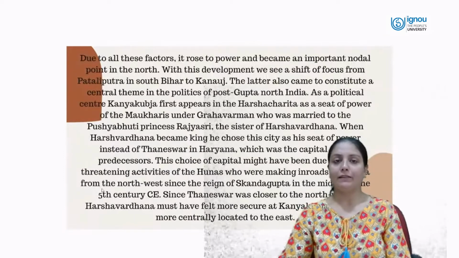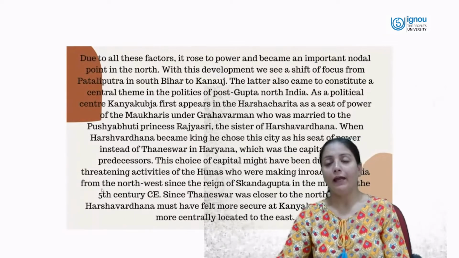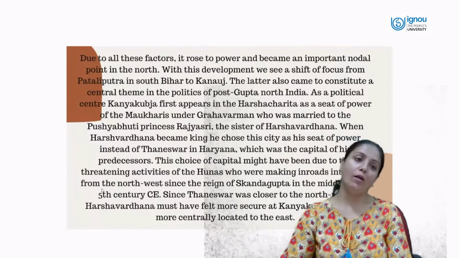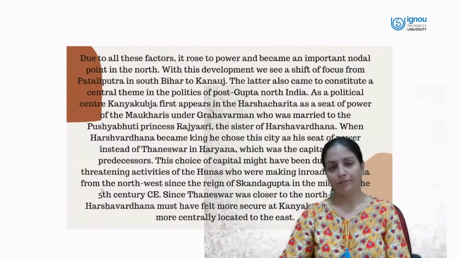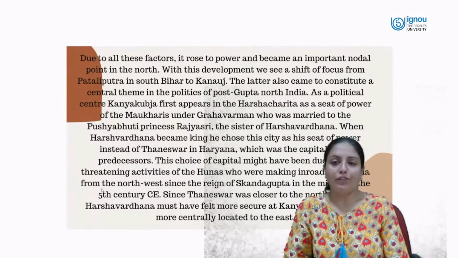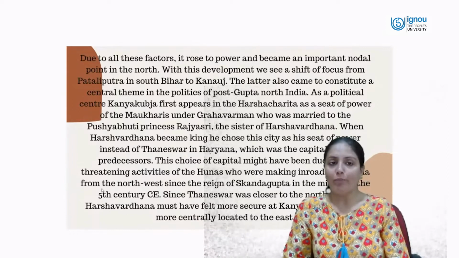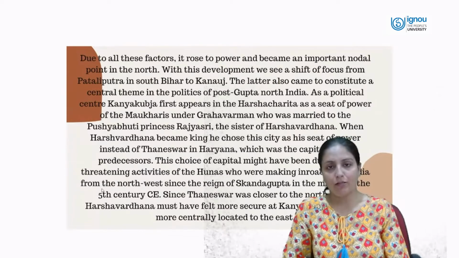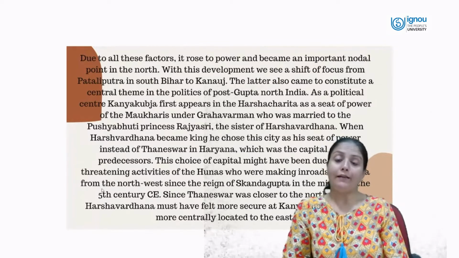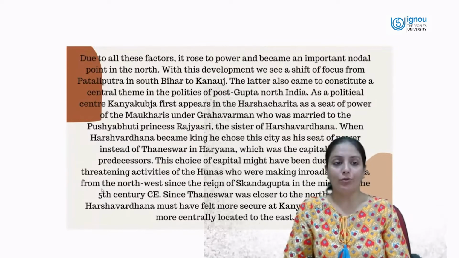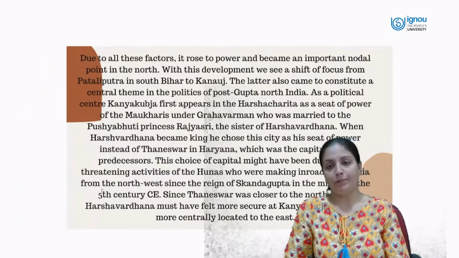Due to all these factors, it rose to power and became an important nodal point of the north. With this development, we see a shift of focus from Patliputra in South Bihar to Kannauj. The latter also came to constitute a central theme in the politics of post-Gupta North India.